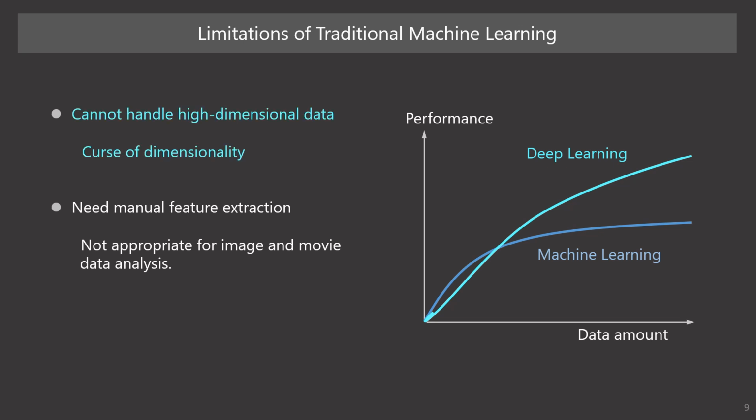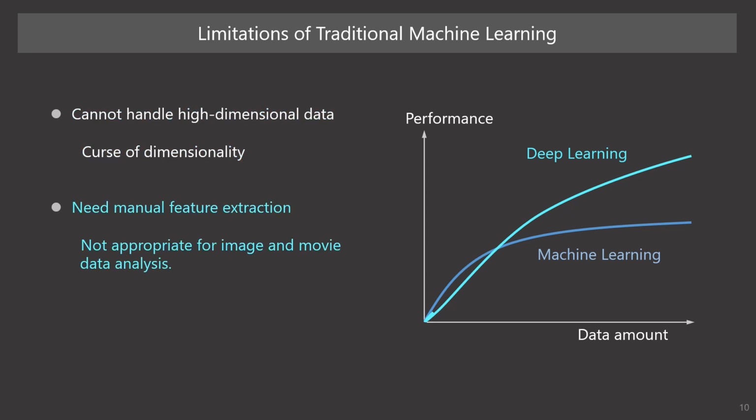The first limitation is that traditional machine learning cannot handle high-dimensional data. The performance of the traditional machine learning model tends to level off as the data amount increases. It is caused by a problem called curse of dimensionality.